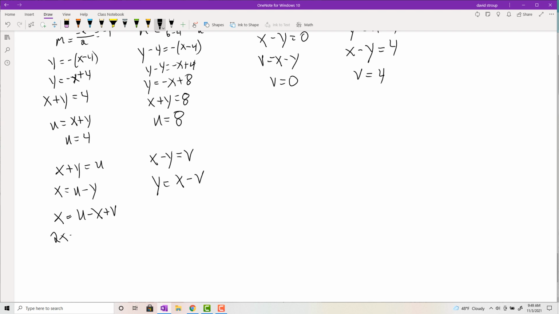So I'll have 2x equals u plus v, and then you get x equals 1/2 times u plus v. Kind of looks familiar. Over here, then you could go y equals u minus x minus v. 2y equals u minus, and I feel like there's an easier way to do this. It's just I'm like an idiot and I can't figure it out, you know. So anybody figures out a shortcut method, let me know.